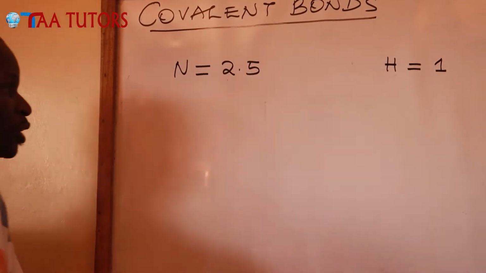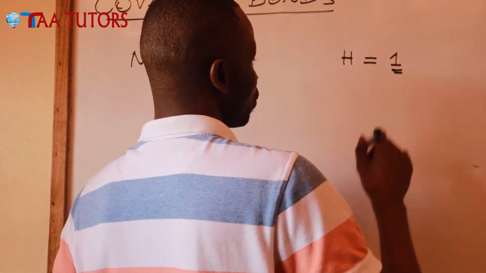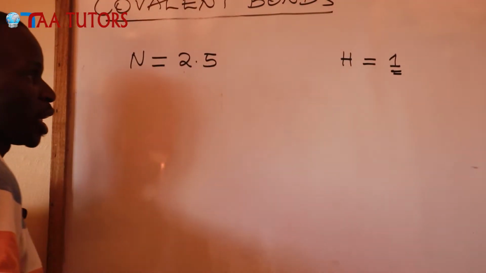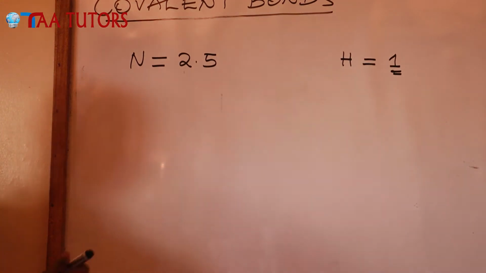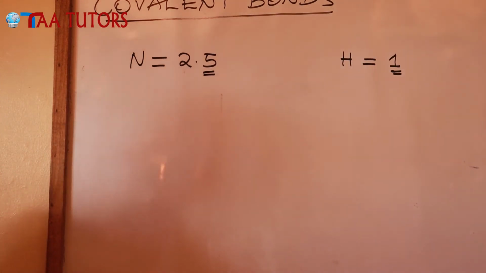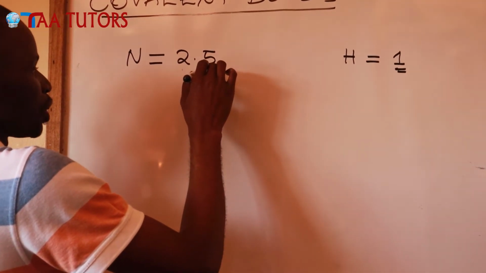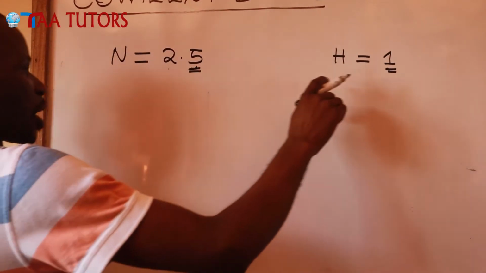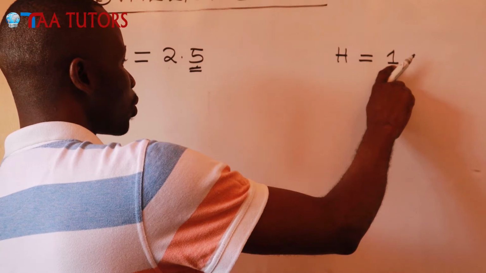So if you look at nitrogen, hydrogen must be stable with 2 electrons because it will be stable with only 1 energy shell, and the first energy shell is filled by 2 electrons only. Nitrogen needs 3 because the second energy shell requires to be full with 8 electrons. So if nitrogen needs 3 to be stable, and hydrogen can only offer 1, it means that we need 3 hydrogen atoms.